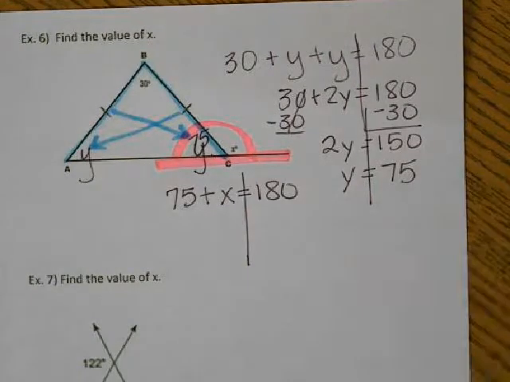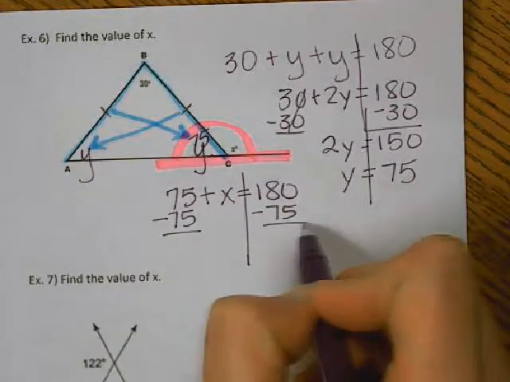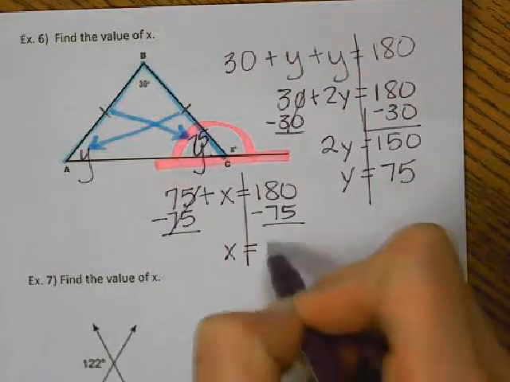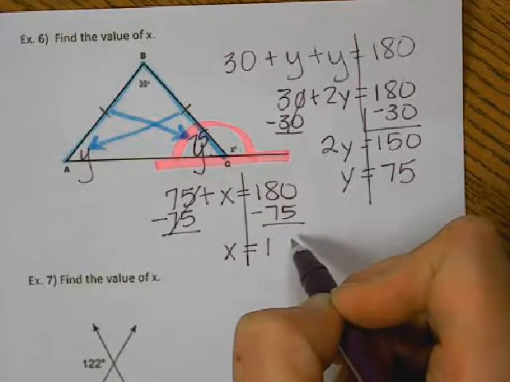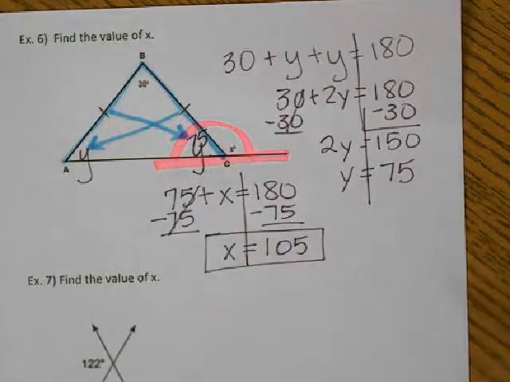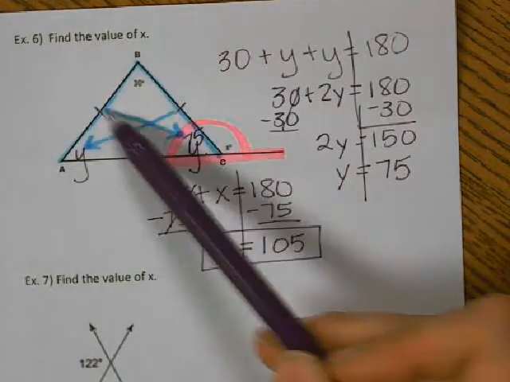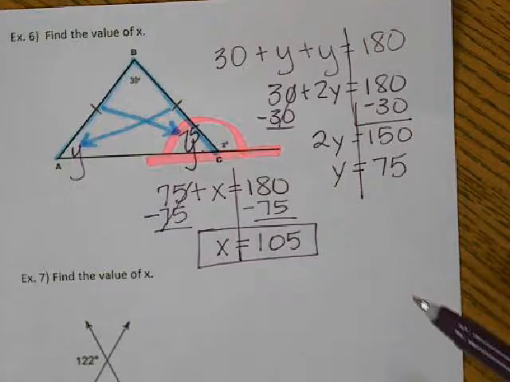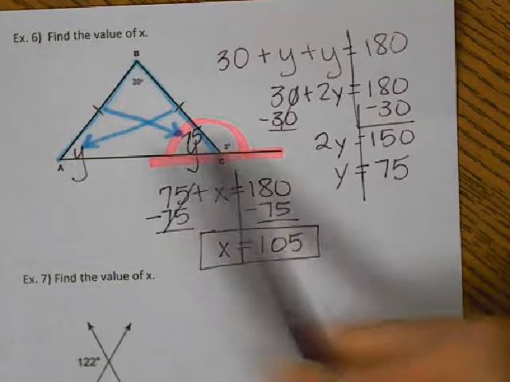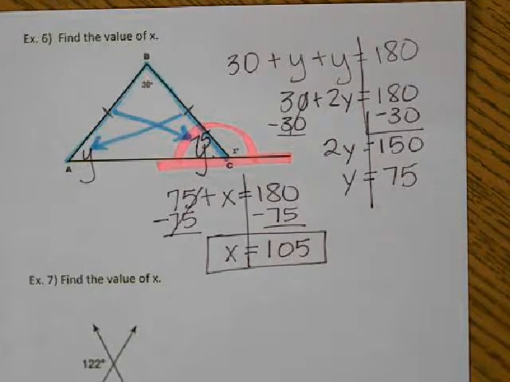So now I'm going to draw my wall, subtract my 75, and I'm left with x equals 105. Okay? So on this one, I found my base angles. Anytime you see something is congruent, but they don't give you a measure for it, you can always just put a letter in there for it and make that same letter in the next place.